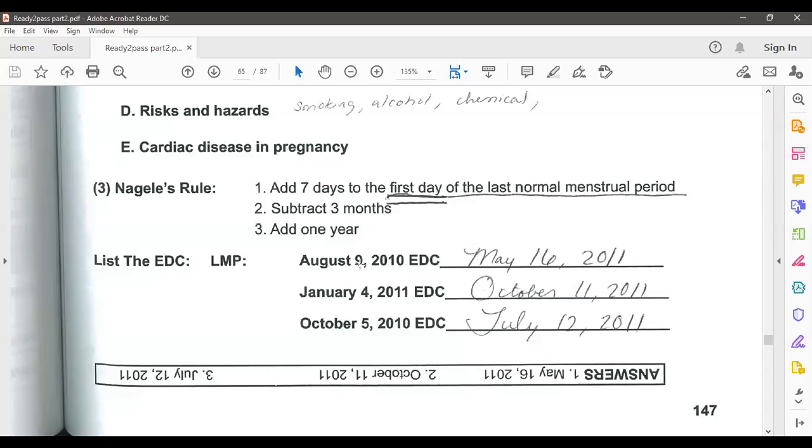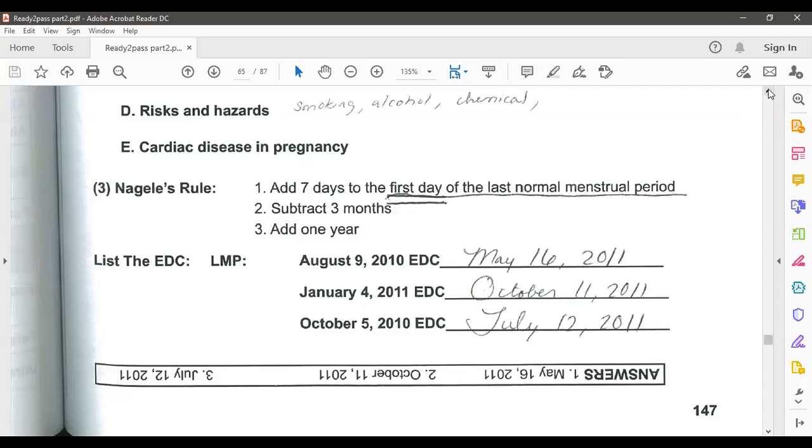Okay, then minus 3 months from this date. Simply, add 1 year, then add 7 days, minus 3 months.